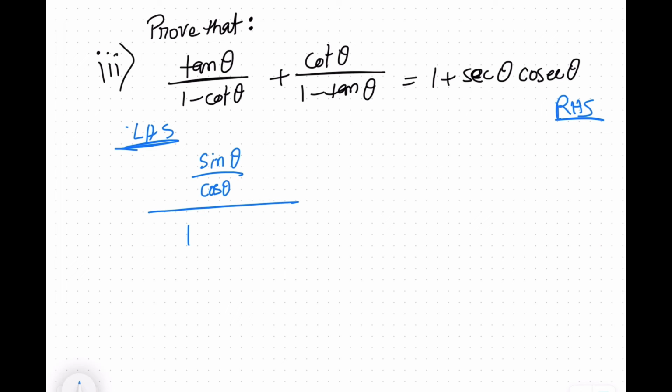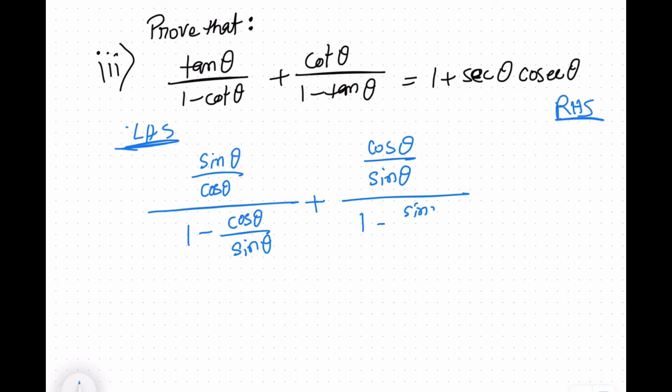Divided by 1 minus, in place of cot theta, we can write cos theta divided by sine theta. Clear? Next. In place of cot theta, we can write cos theta divided by sine theta. Then minus, in the denominator we can write 1 minus sine theta divided by cos theta.